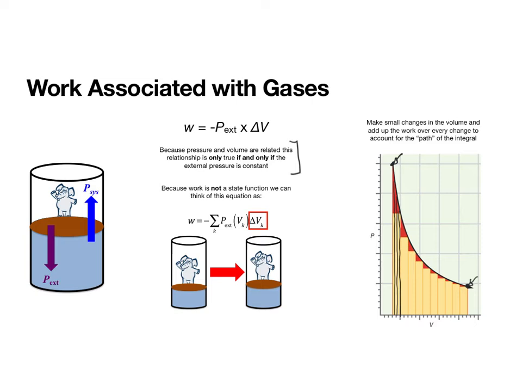And this is sort of a way to figure out the path of the function to get the integral, rather than talking about just the final and the initial. And so this delta V, the small steps, is really key with work.